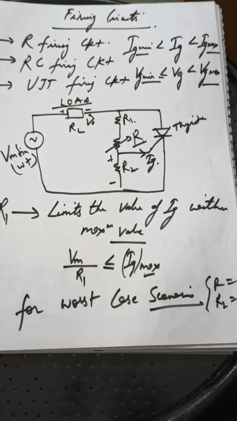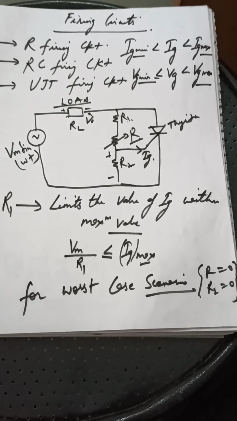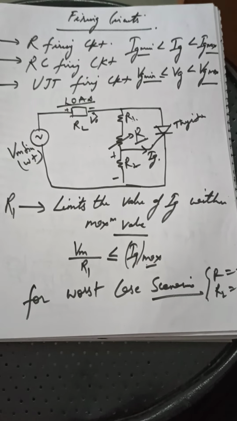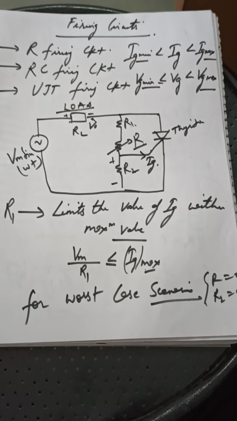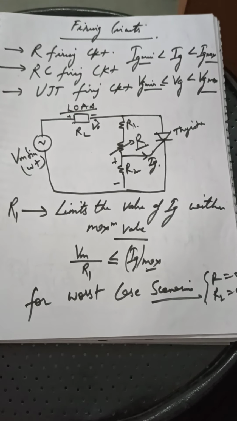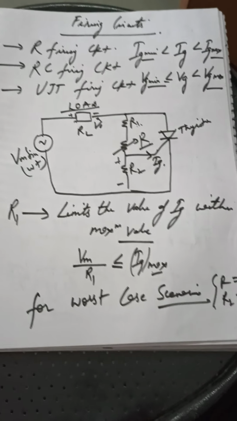And the part R1: have a look at this. R1 will limit IG. The gate current will be controlled by the resistance R1. So this R1 will make sure that the gate current doesn't go outside the safe limit of IG max.